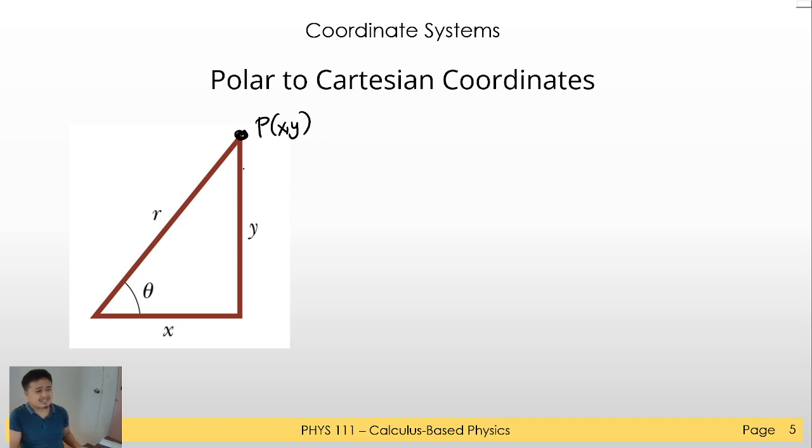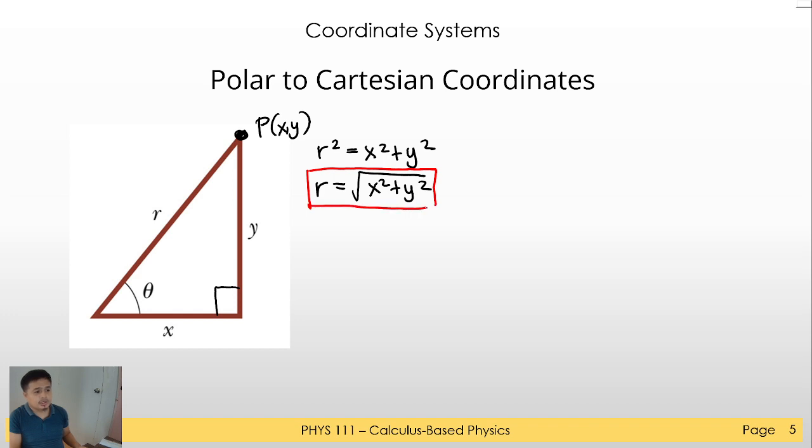Since, as you can see here, this is just a right triangle, we can utilize the Pythagorean theorem, which is just r squared is equal to x squared plus y squared. To simplify this, r is just equal to the square root of x squared plus y squared. So that will be for the r.